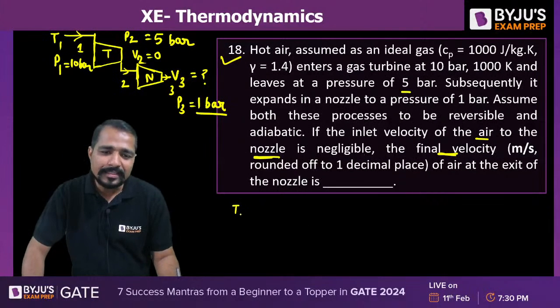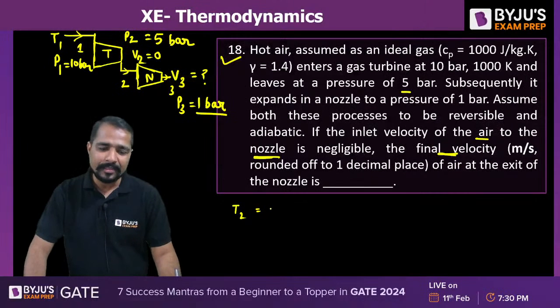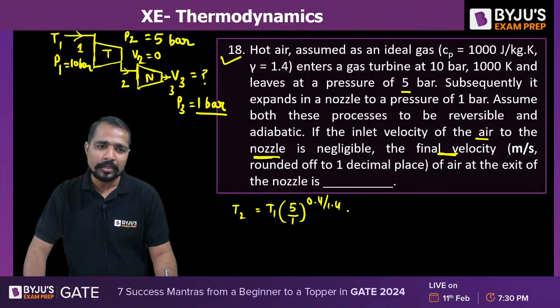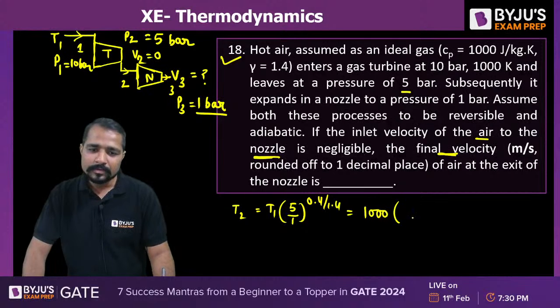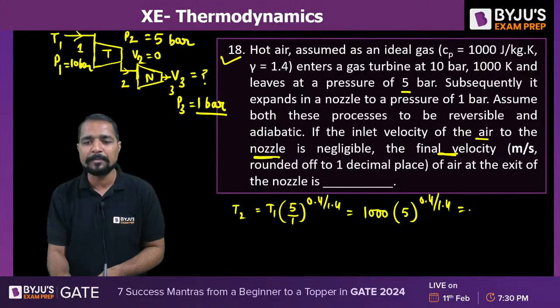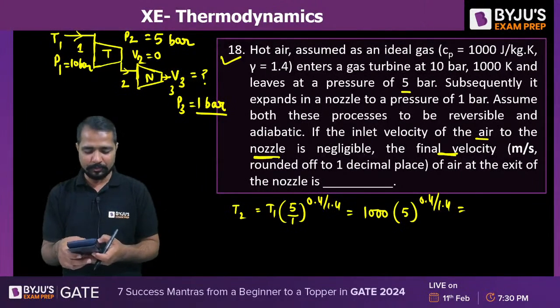First you find the temperature T2. Cp and gamma are given. That's why it will be equal to T1 into (P2 divided by P1) raised to 0.4 divided by 1.4. What is the value of T1? T1 is 1000.